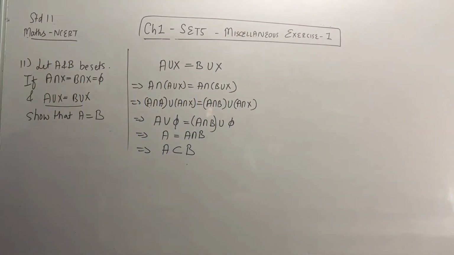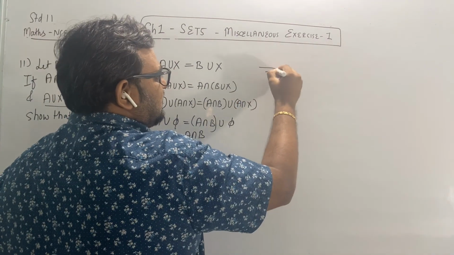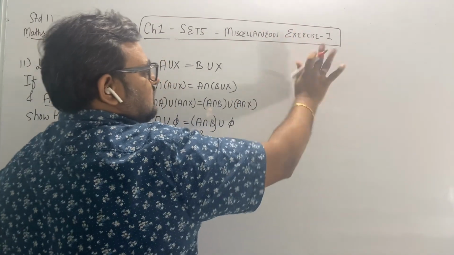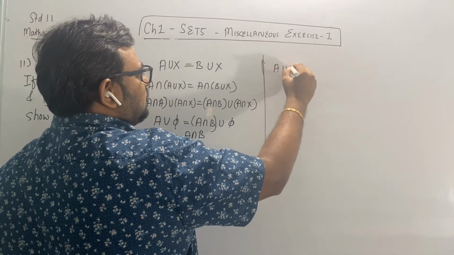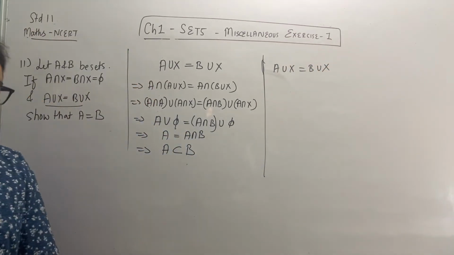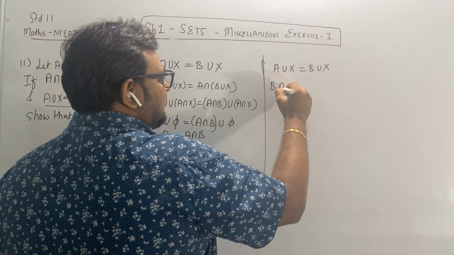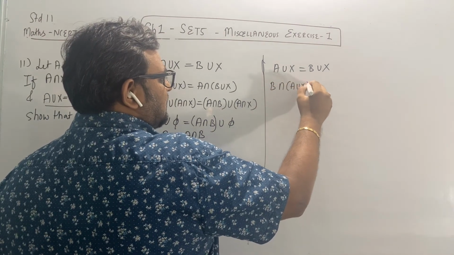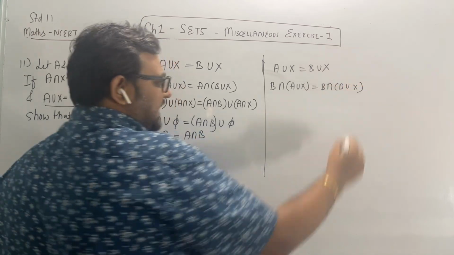Now let's take the second thing again. Instead of A, let's take intersection over B. I'm taking the same given thing, A union X equal to B union X. So now let's take intersection of B with this, on both the sides. B intersection (A union X), B intersection (B union X).